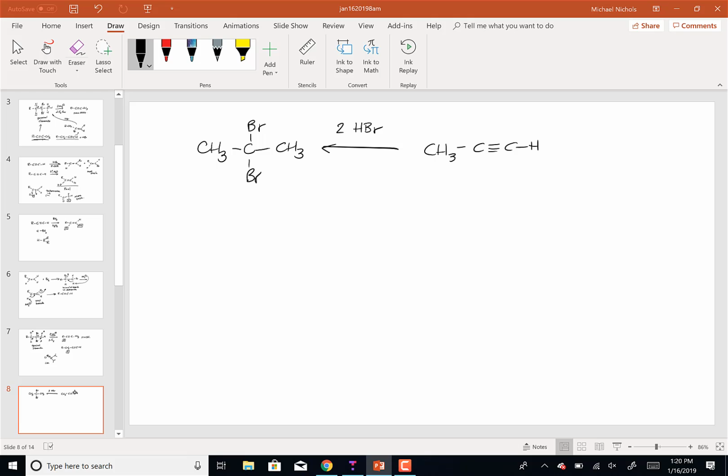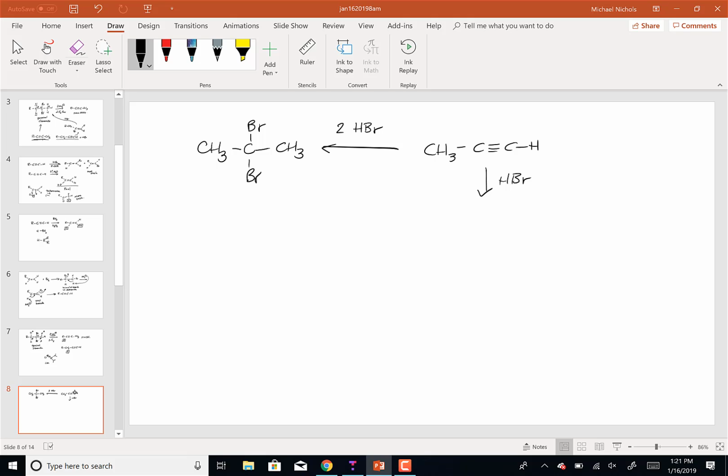So when I would ask you, okay, let's add one HBr to this. Alkynes, unfortunately, are just like alkenes. So what am I adding to the triple bond? H and Br. How? Markovnikov or anti-Markovnikov? Markovnikov, 100% cis, 100% trans, 50-50? 50-50, because this goes through a carbocation intermediate, right?